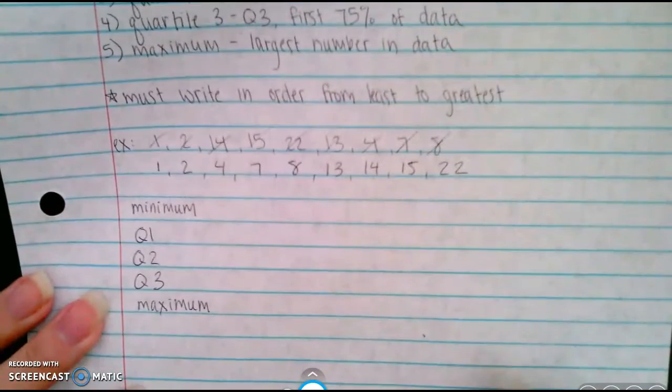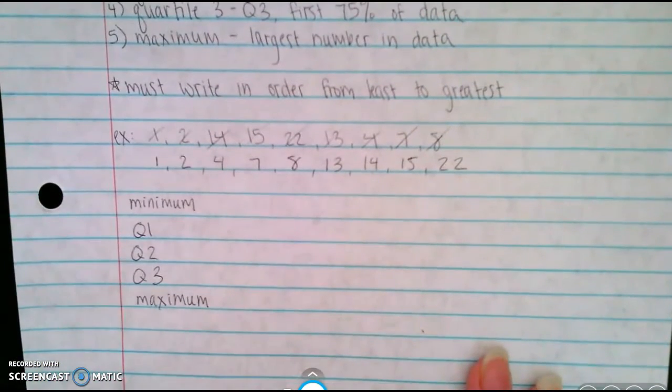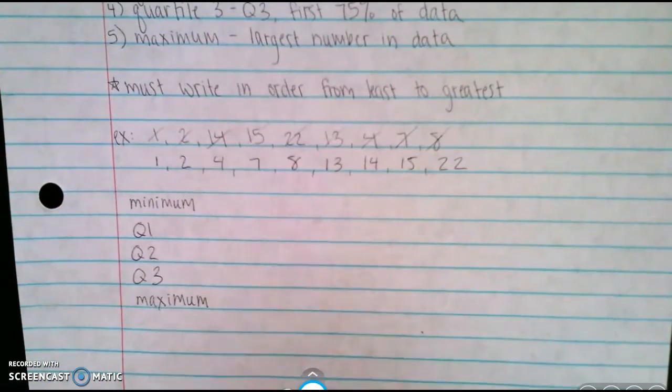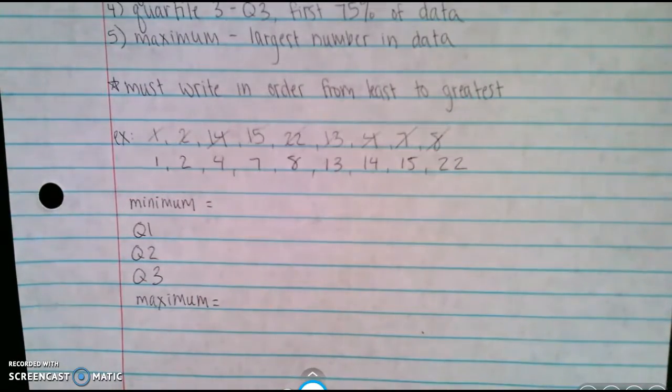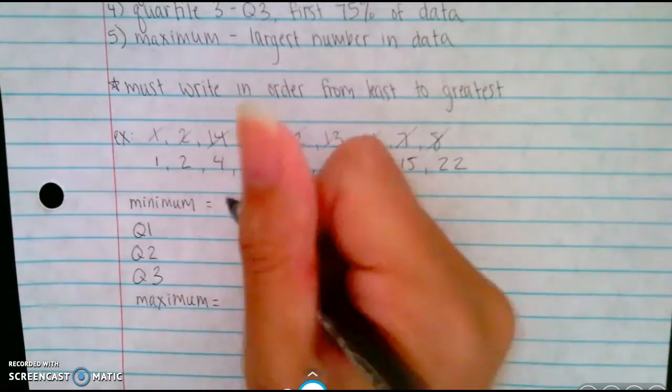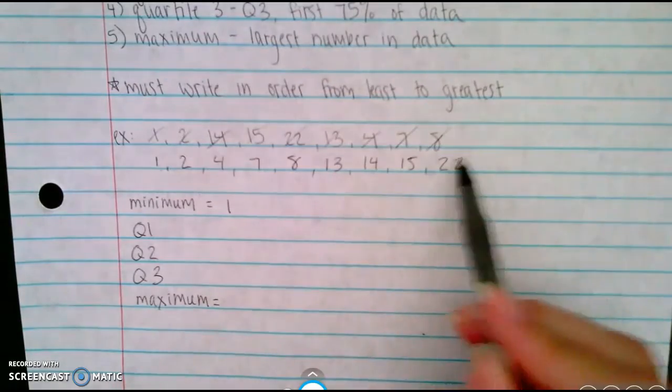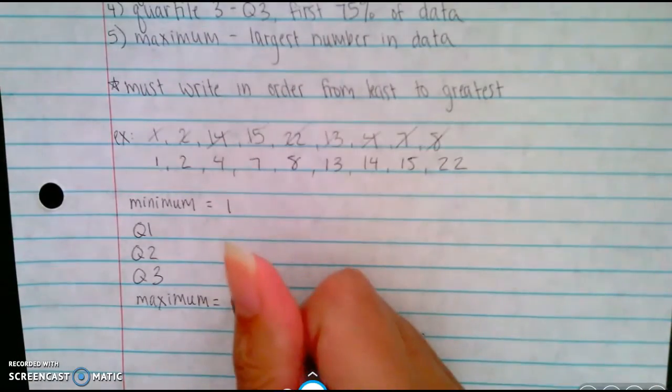So those are the 5 values that I'm looking for in this data set. The minimum and the maximum are really easy to find because these are just the first and the last number. The smallest number is 1, and the maximum is the biggest number, which is 22.